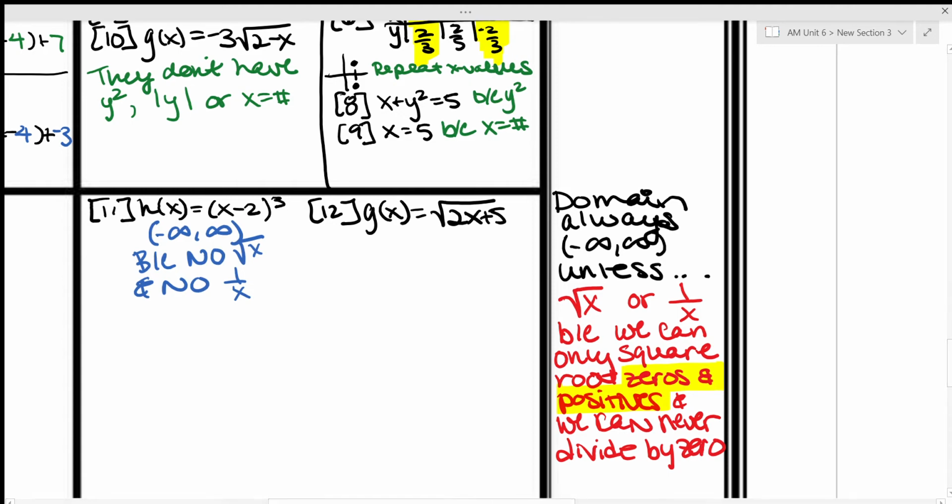What symbol do we use to represent zeros and positives? It's an inequality. Yes, you got it. It's going to be greater than or equal to 0. That's the symbol for positives and 0. The part that cannot be less than 0 is that inside right here. So you're going to say 2x plus 5 is greater than or equal to 0.